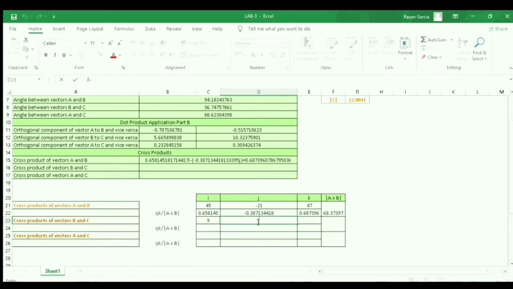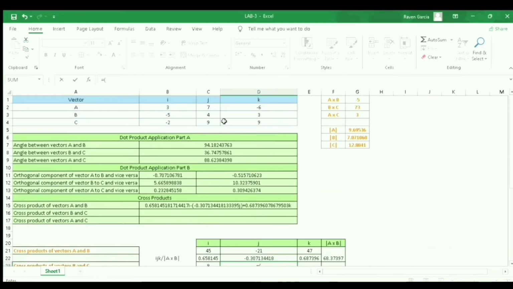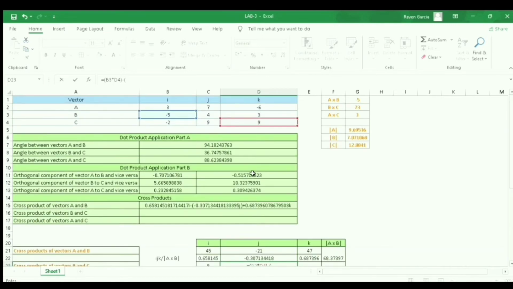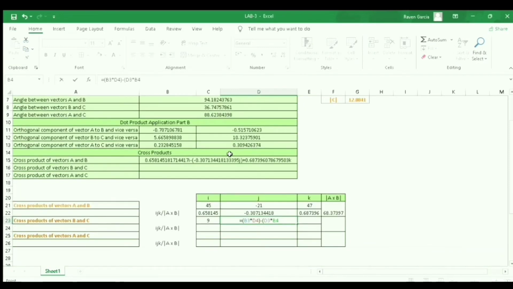In the same row at column D, input the formula equals parenthesis B3 times D4 close parenthesis minus parenthesis D3 times B4 close parenthesis, and the answer is negative 39.